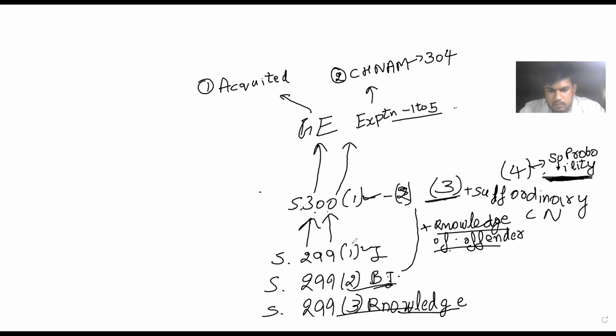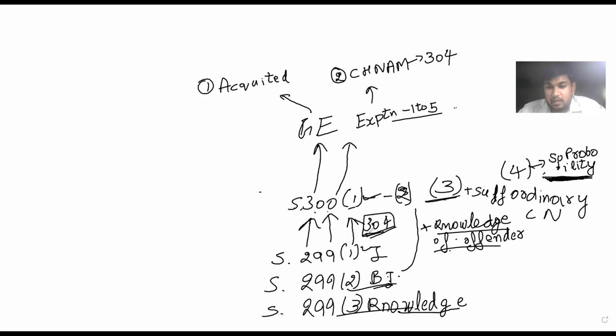Third can be that if section 299 1, 2 or 3 is proved, but 300 1, 2, 3, 4 any of them is not proved, the case will directly fall in 304, depending upon whether it was bodily injury with intention, whether it was the act with intention, or it was the knowledge that his act is such that it is likely to cause death.